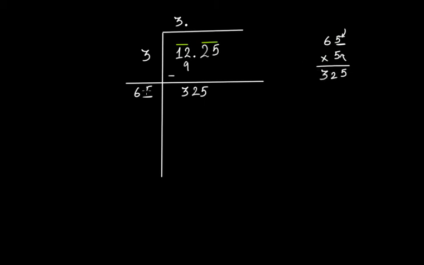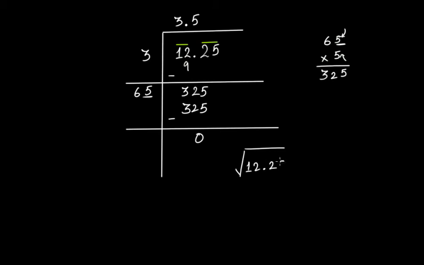It means you will put 5 here. You get 325. Subtract it and you'll get the remainder 0. Since you are getting the remainder 0, it means that this is a square number. So the square root of 12.25 is equal to 3.5, right?